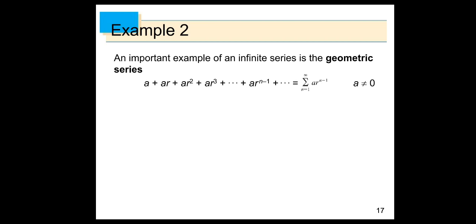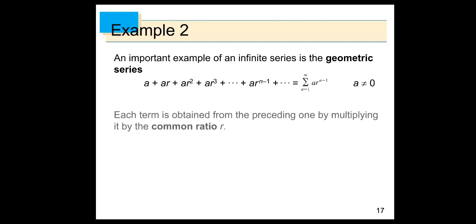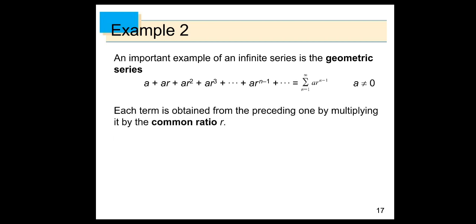And remember, our a should not be equal to 0. It must be unequal to 0. So each term is obtained from the preceding one, the previous one, by multiplying it by the common ratio r.